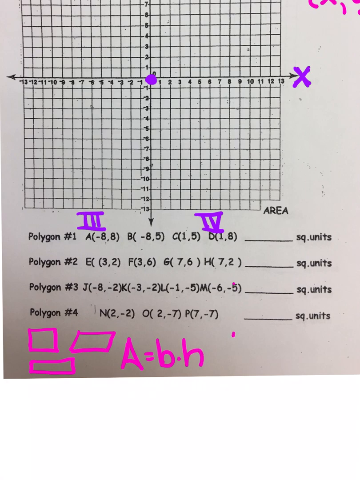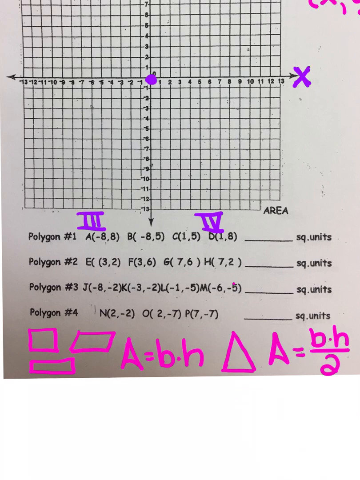However, if we're finding the area of a triangle, we will use the formula area equals base times height divided by 2. Please record those 2 formulas on the bottom of your page. You will need them for what we do later in the video.